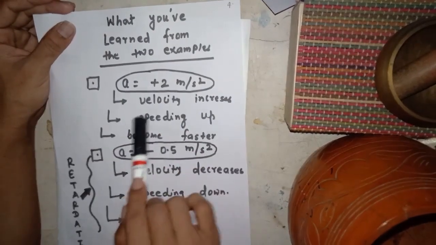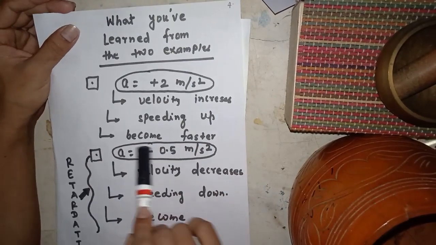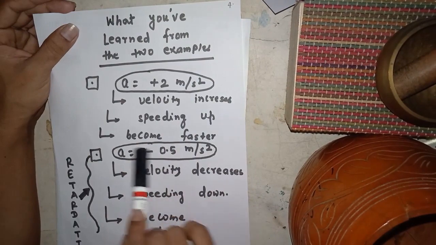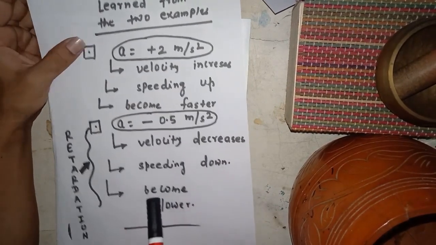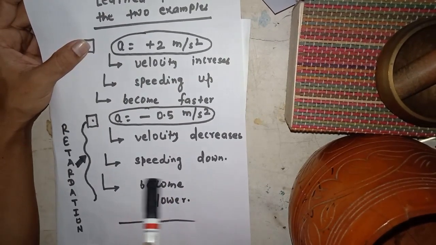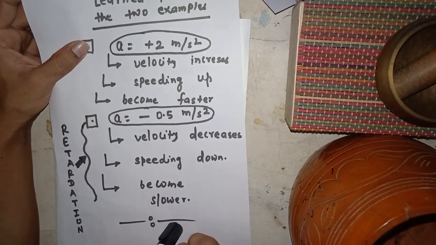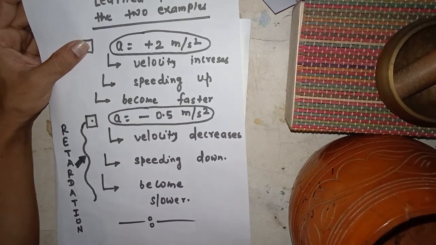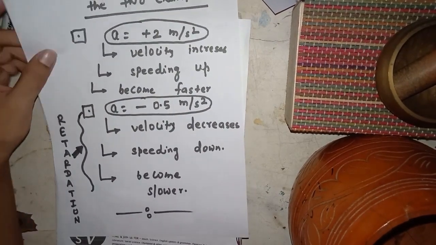It is also called speeding up, meaning velocity increases or speed increases, or in common language the object becomes faster. In a similar way, if negative acceleration comes, velocity decreases, speeding down, or the object becomes slower. Have you got my point? This is not hard, this is simply easy.